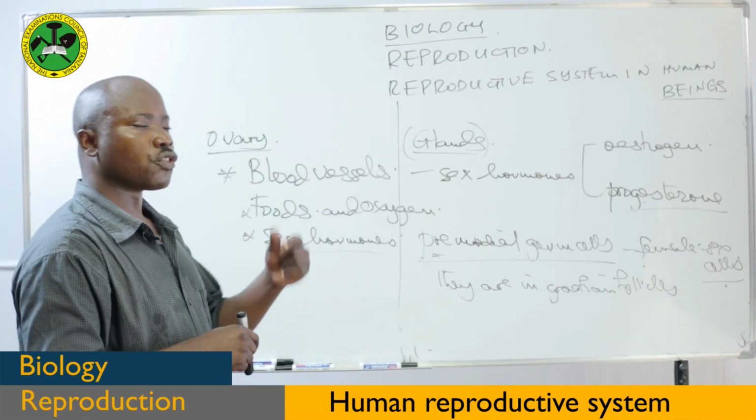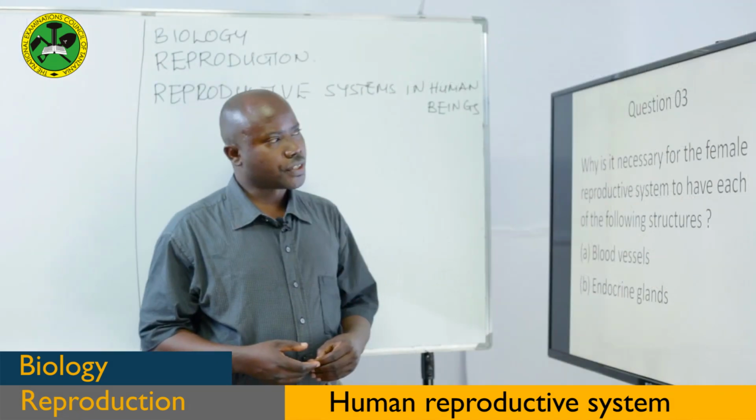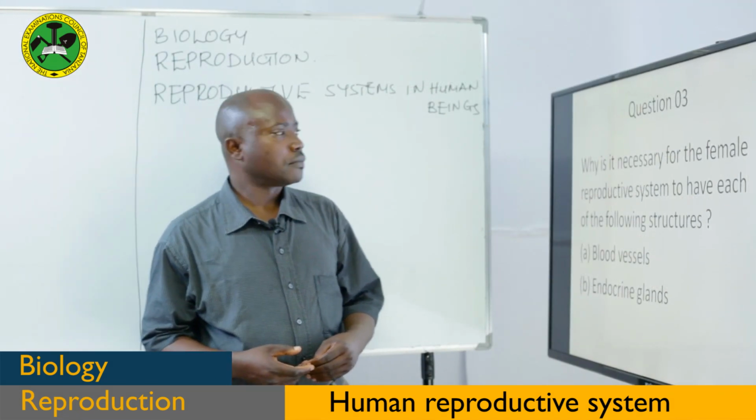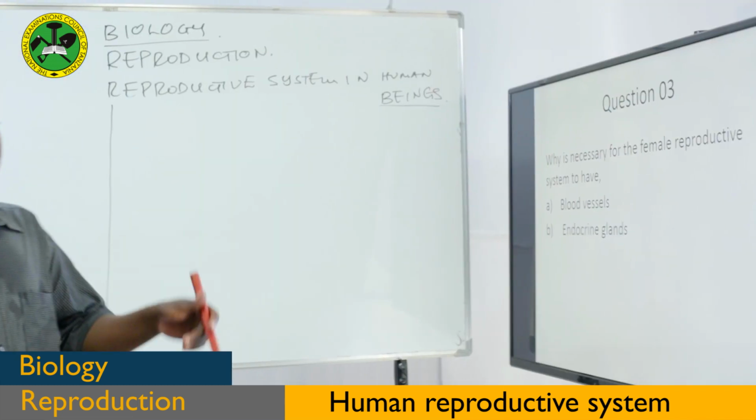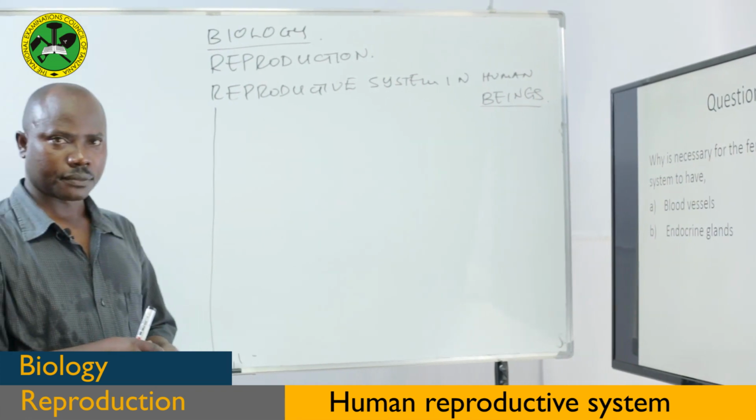And this will be question number 3, which reads as follows. Why is it necessary for the female reproductive system to have each of the following structures? A. Blood vessels. B. Endocrine glands. This is not a new concept.